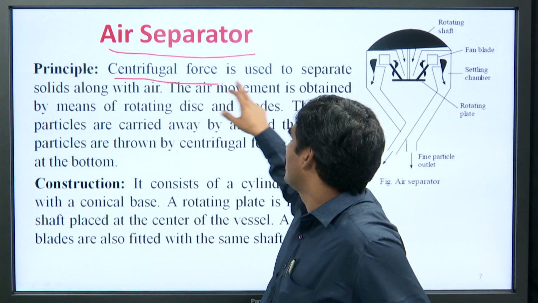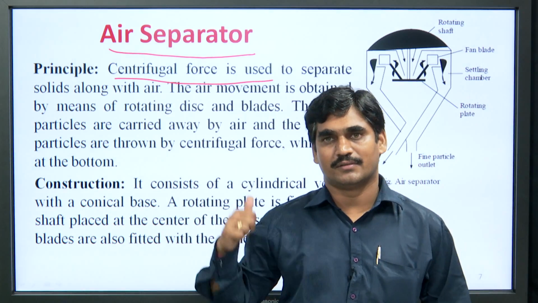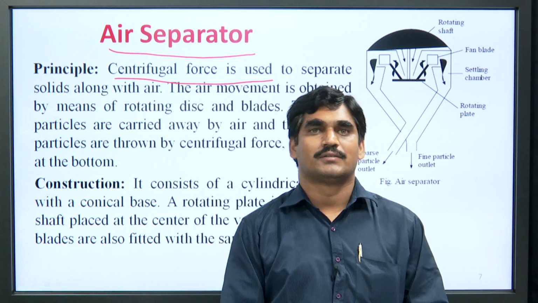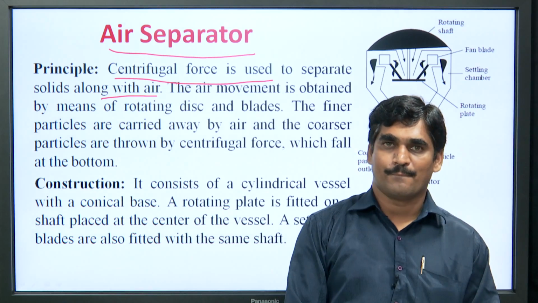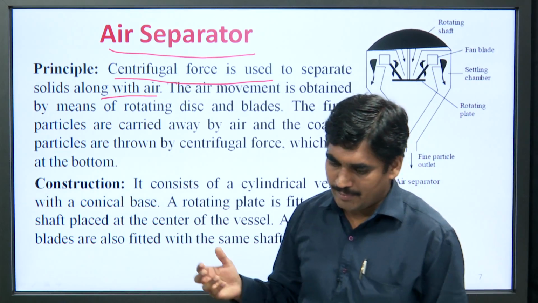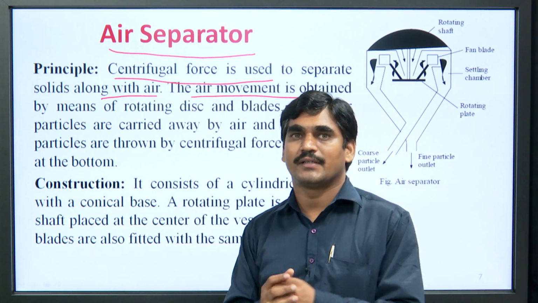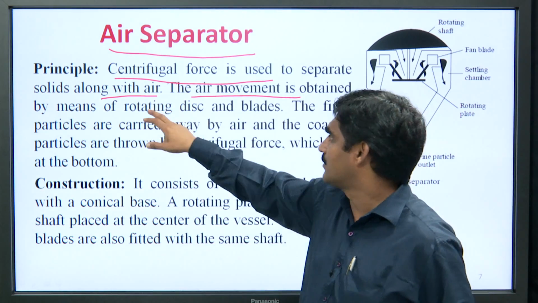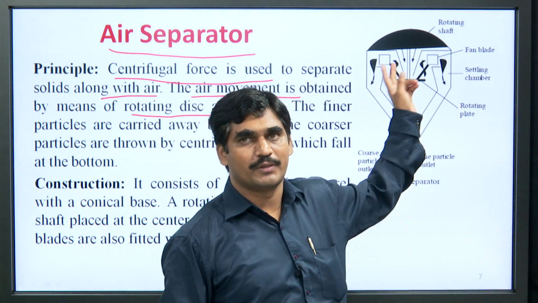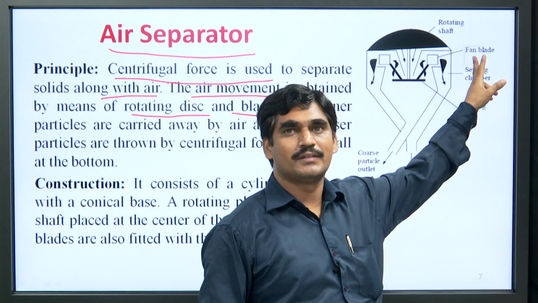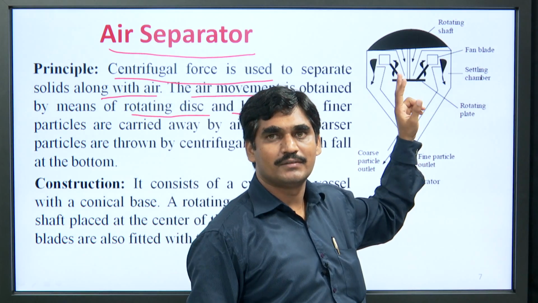The principle behind the working of this air separator is centrifugal force, which is used in this case to separate solids along with air. What happens? The air movement is obtained by means of a rotating disc and blades. As you see in the instrument, a fan blade is there, a rotating plate is there.